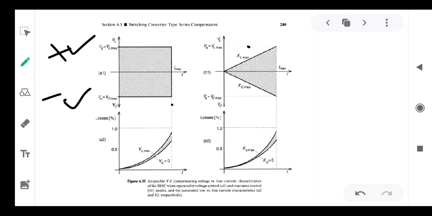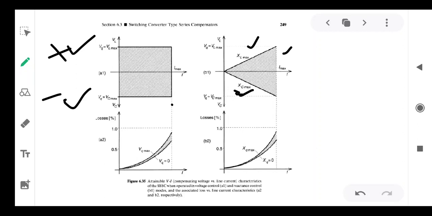This is the XL maximum, the lagging side maximum possible reactance. This is the leading side maximum possible reactance, that is XC max. I maximum is there as usual, the same as in the previous characteristics. This is the I maximum.